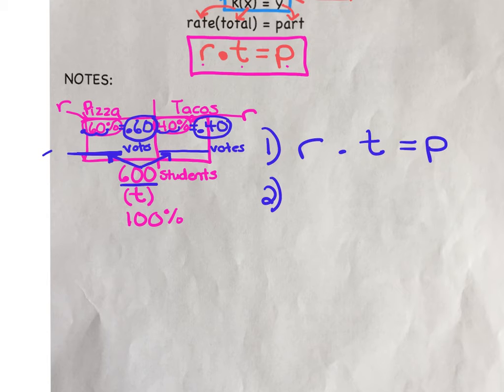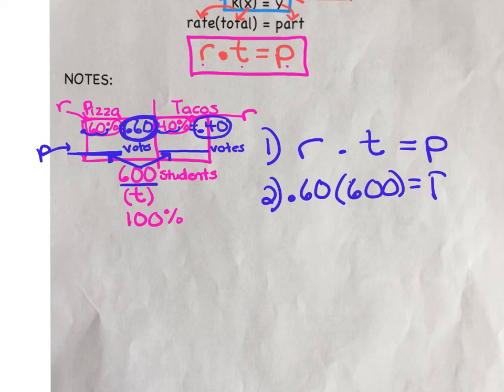We would like to know what part of the student body voted for pizza. So we're going to write 0.60, that's the rate for pizza, times 600 students total. And that will give us the part that voted for pizza.